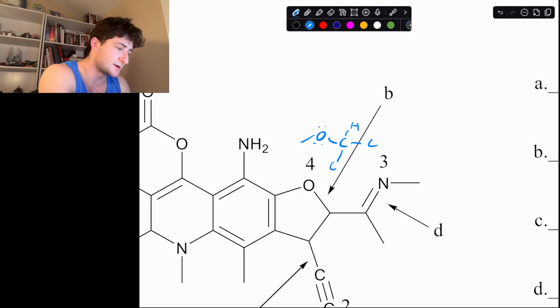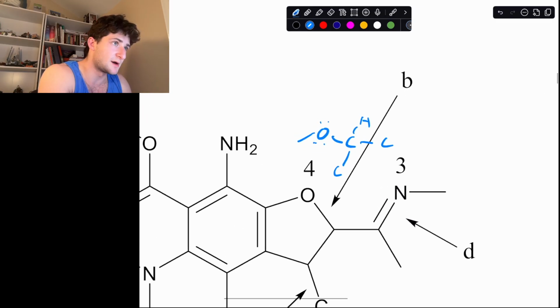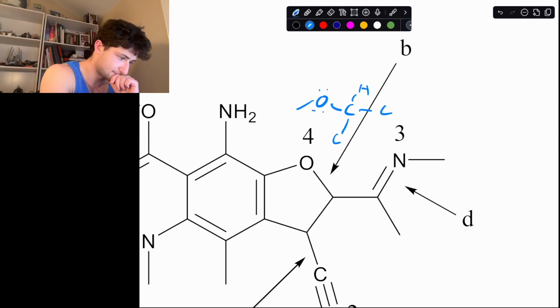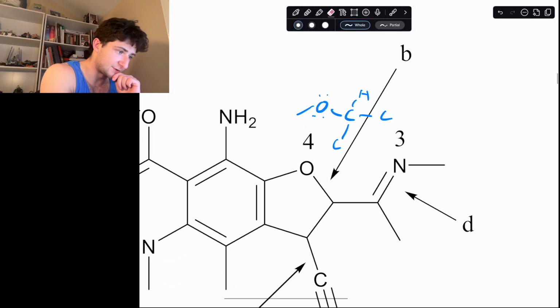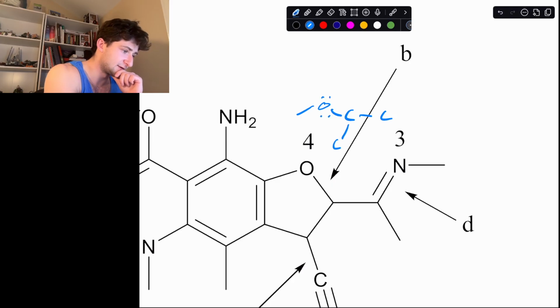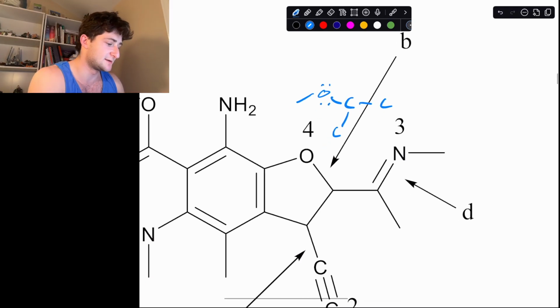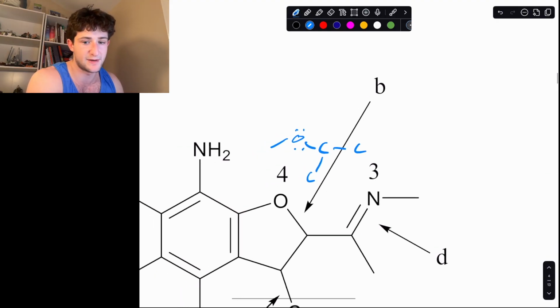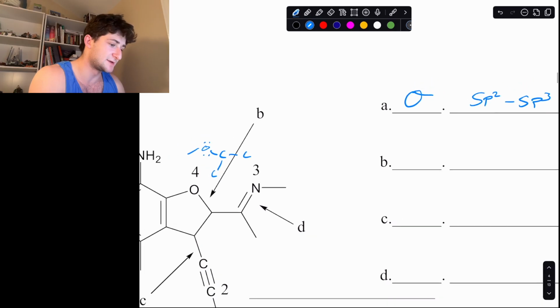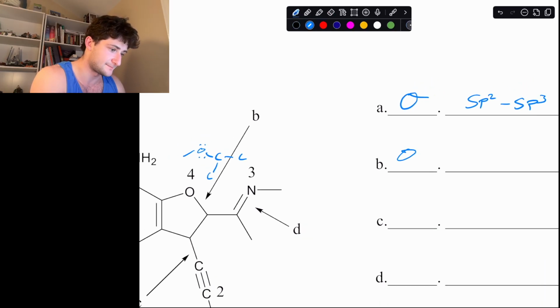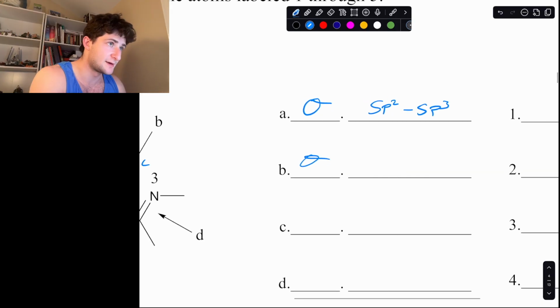So sp3, sp. No. Actually, I think there's no hydrogen here. And this is like that because it's in a ring, so it won't have that hydrogen. So this is still a sigma bond. And we got sp2, sp3.